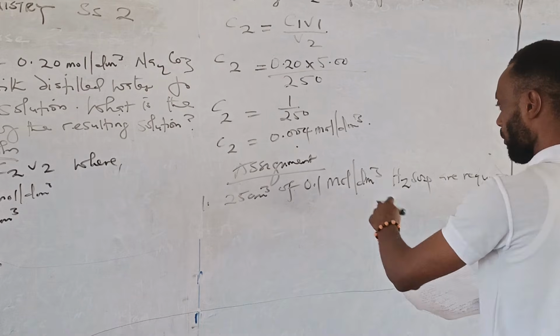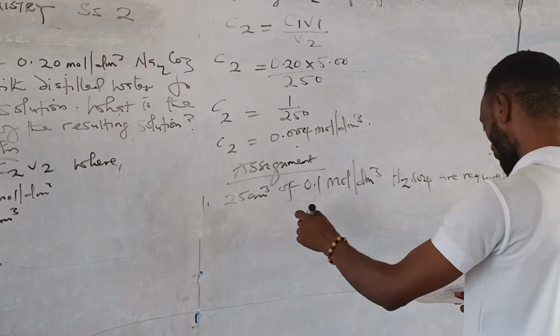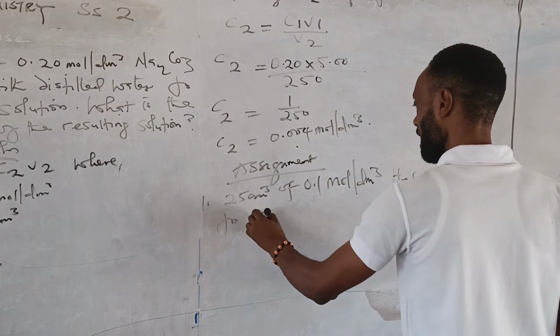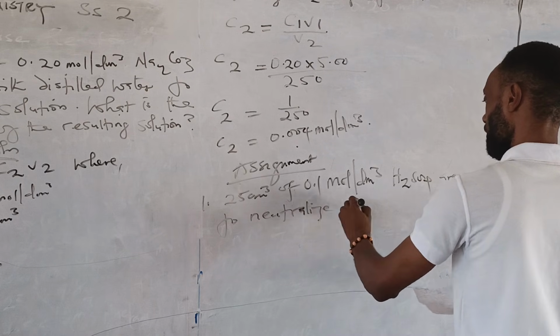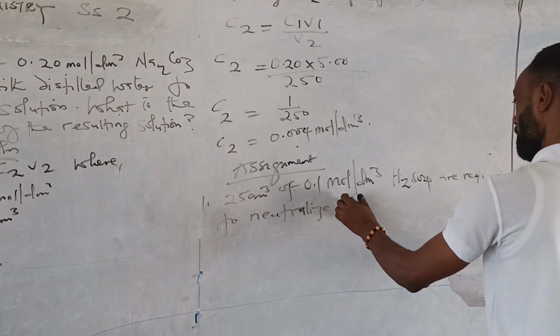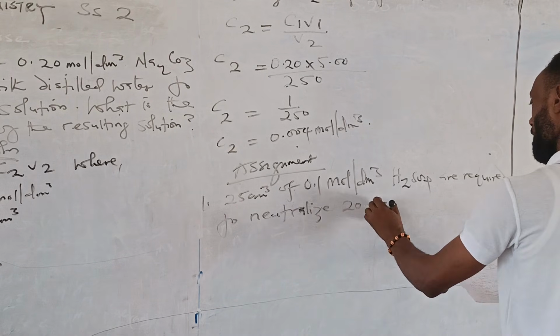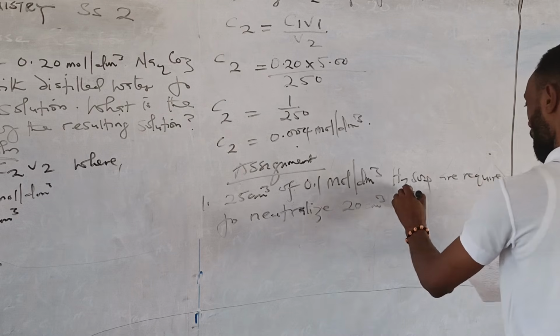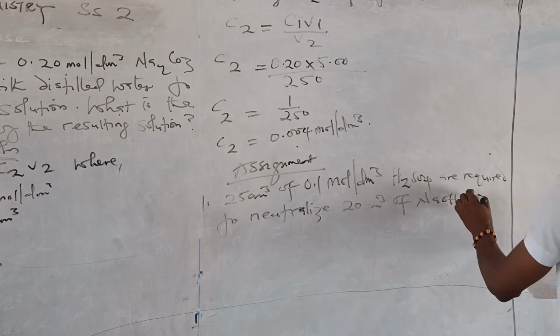25 cm cube of 0.1 mole per dm cube of H2SO4 are required to neutralize 20 cm cube of sodium hydroxide NaOH solution.